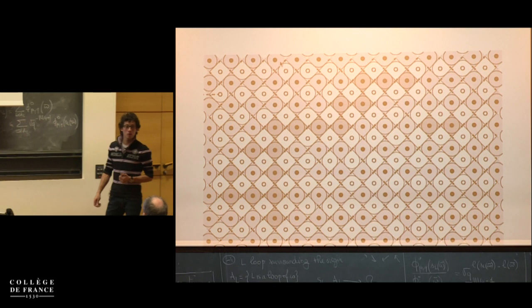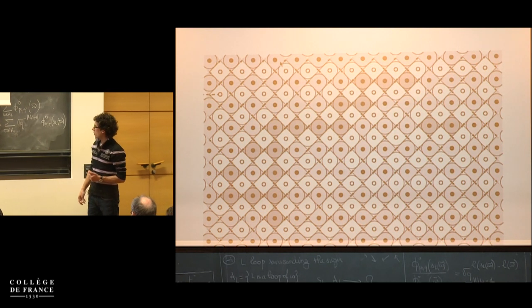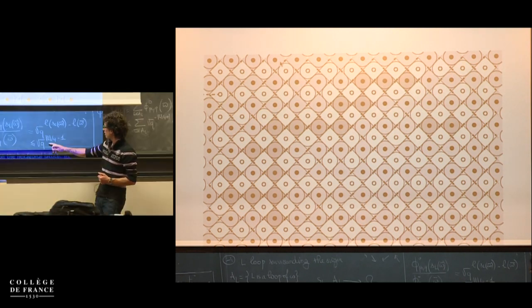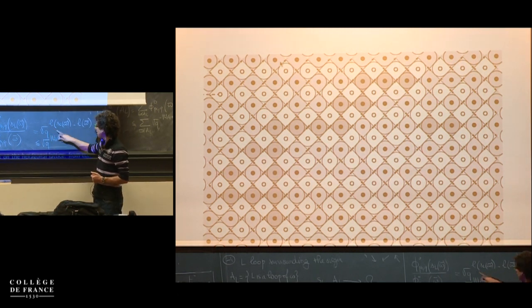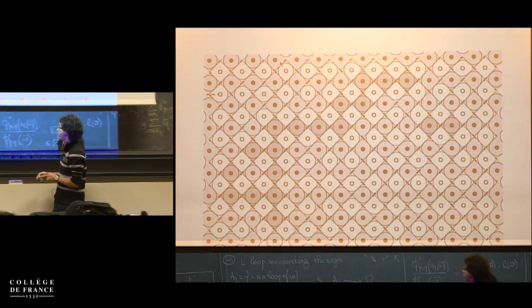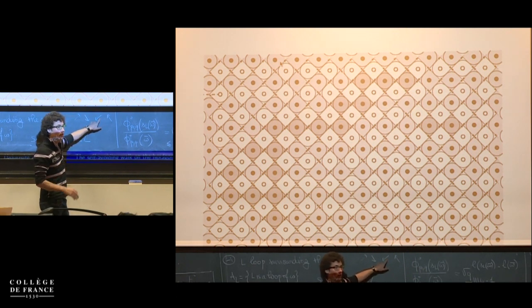Yes? I'm just a bit confused. The inequality doesn't go in the other way? So here it goes in the right way. What is the difference? It's exactly the number of edges like that minus 1, and I took this direction in such a way that I have more than a fourth of the length.